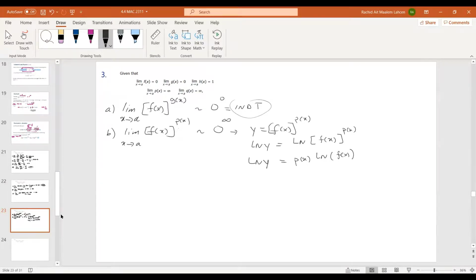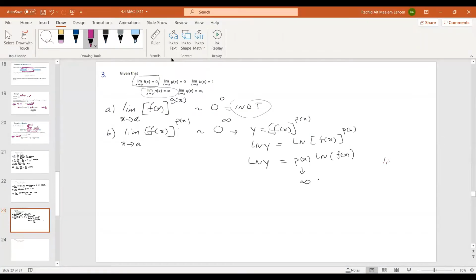And now we can see that when x is near a, p of x approaches infinity, right? So this is given, p of x approaches infinity. And ln of f of x will approach negative infinity. So look at this one here on the side.